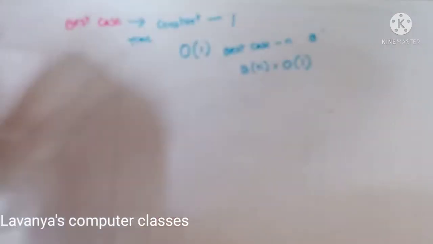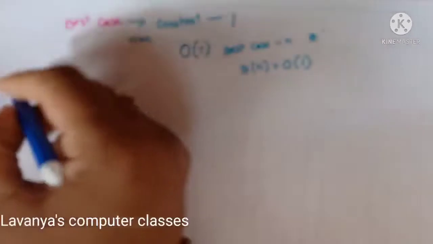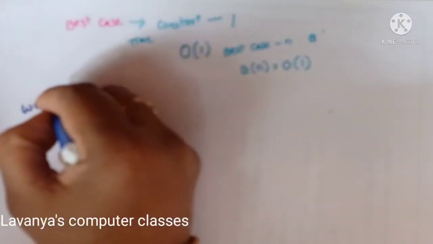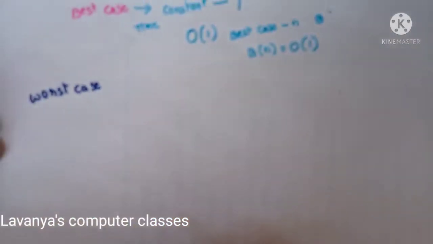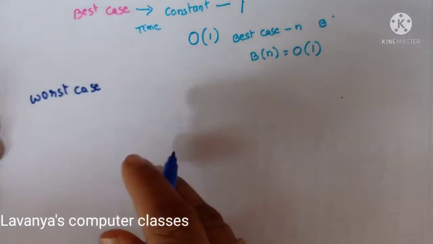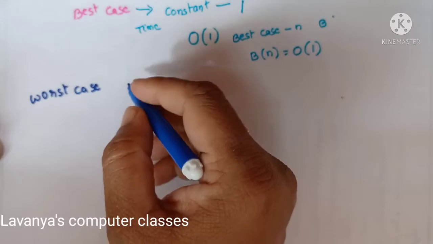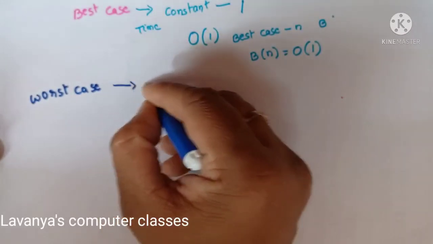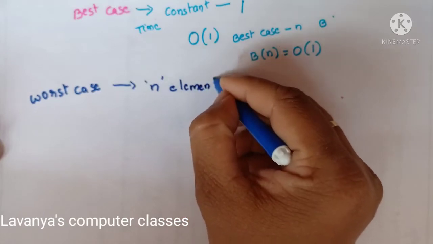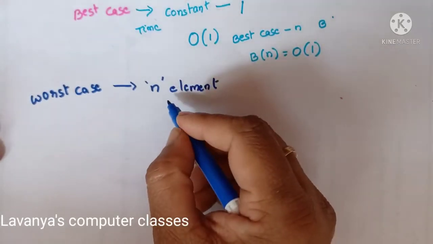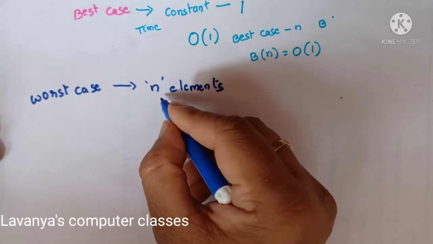Then we go for the worst case. Which case is known as the worst case? The element is not at all there in the list, or if it is there, it is available in the last index. That means you have to check all the n elements, because it is the last element in the list. We don't know how many elements are there, so we take it as n elements.